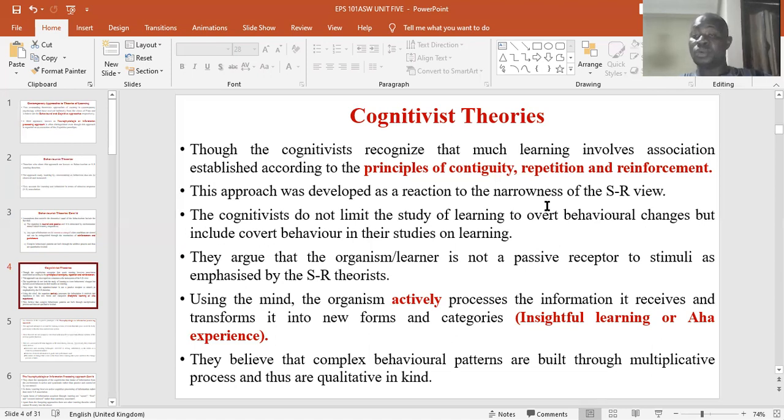And as well, when we reward behaviors that we see in learners, the behavior continues to occur. That is the reinforcement. Out of this, they said it is limited. The cognitivist says, although these are important to learning, they are limited. Why are they limited? The limitation is that the individual learner actively processes the information before he takes an action.